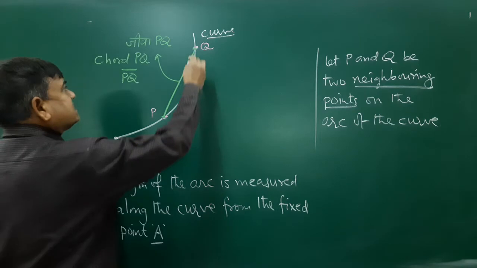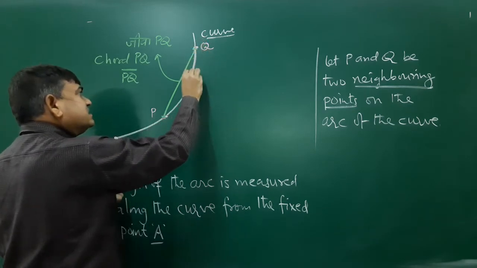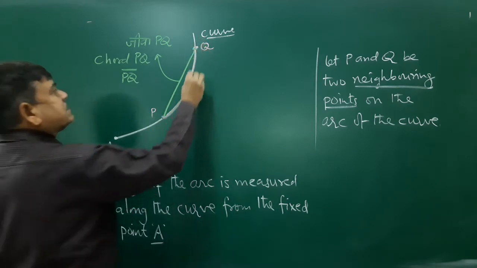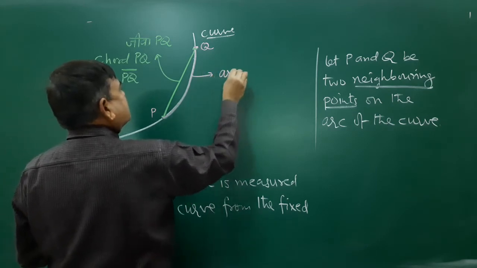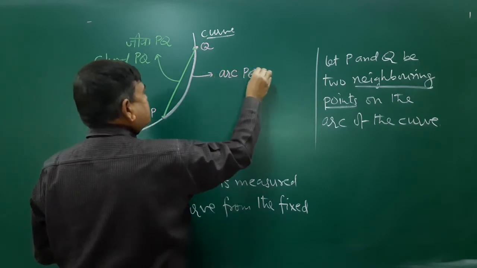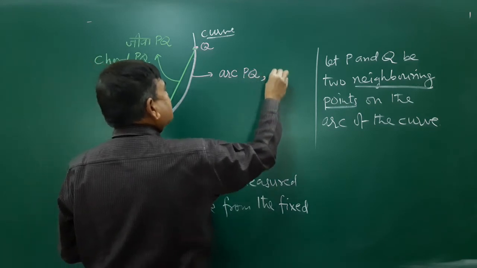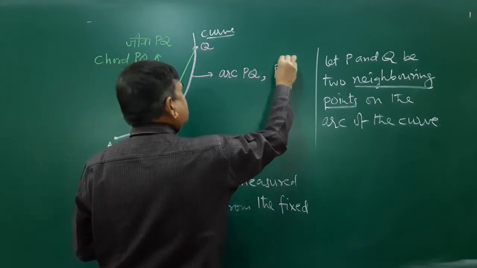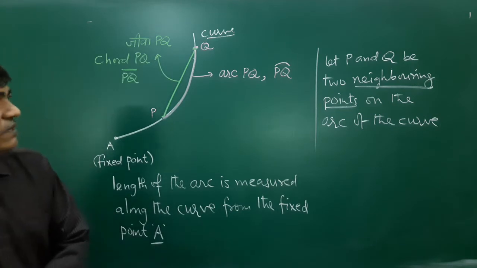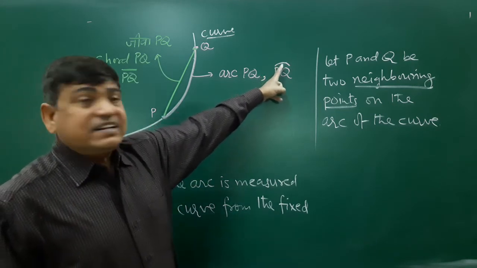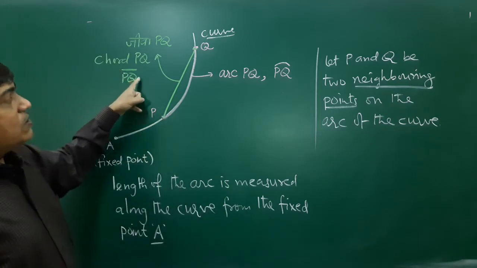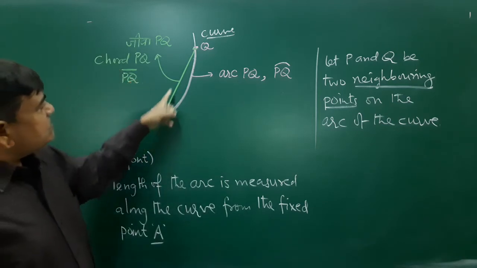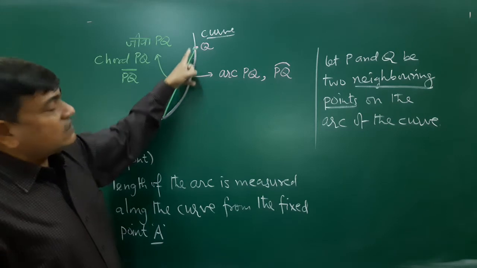This part, this pink color, this is arc PQ, और इक्विवेलेंट बात है. This is chord PQ. So this chord is of this arc length.